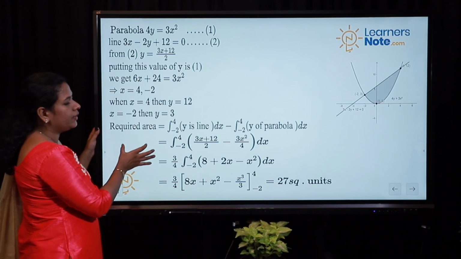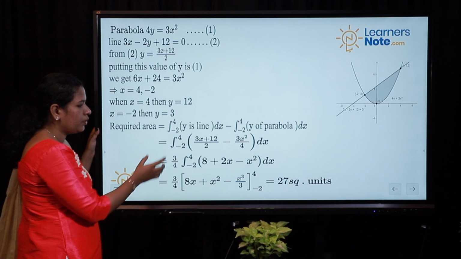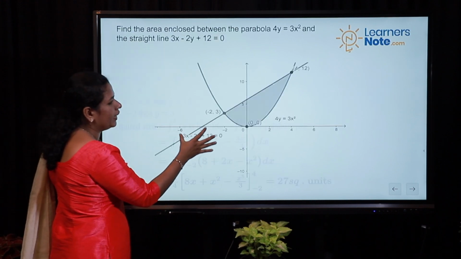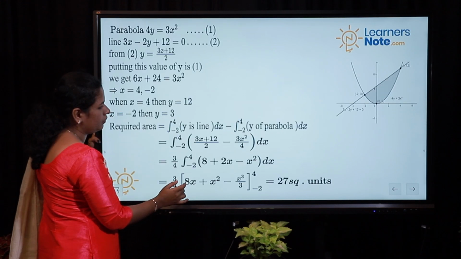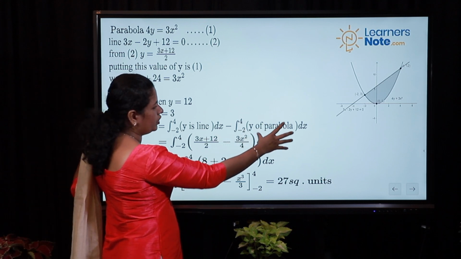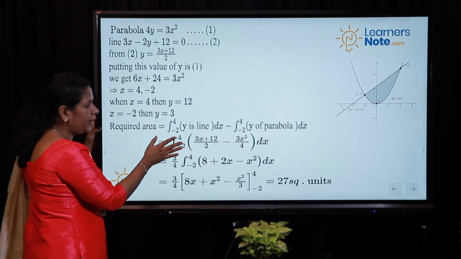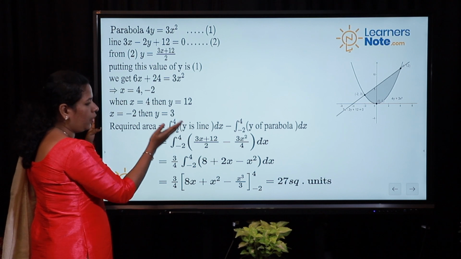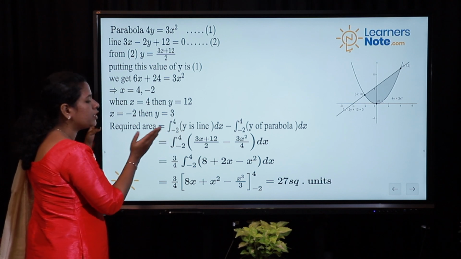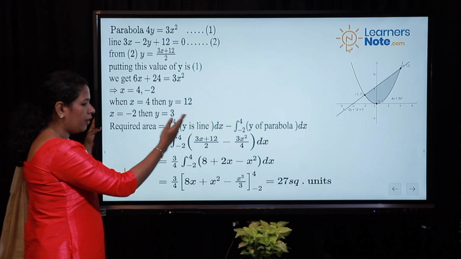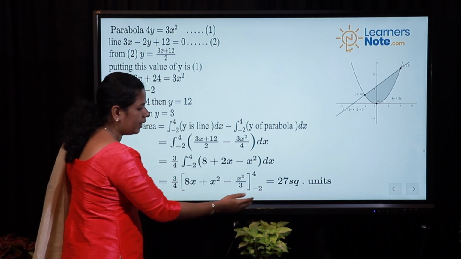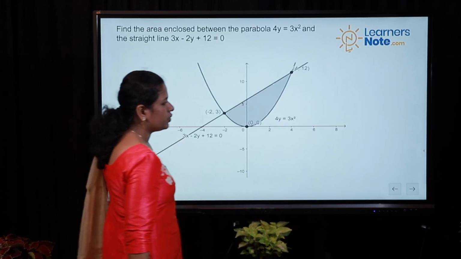Then for finding the required area between the curves, you have to integrate the line and the equation for parabola also by taking the limits, lower limit and upper limit. My lower limit is -2 and upper limit is 4. After integrating, you will get the required area as 27 square units.